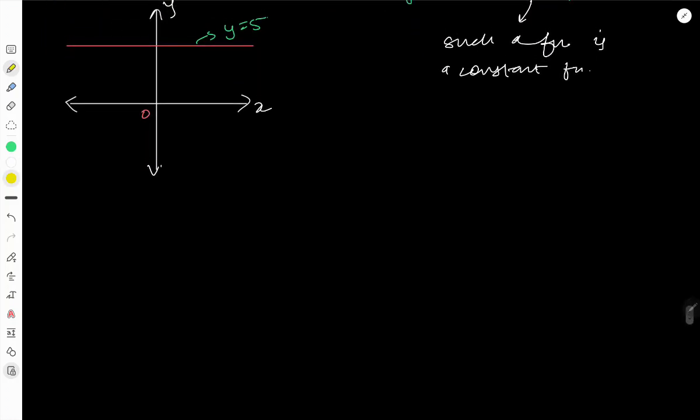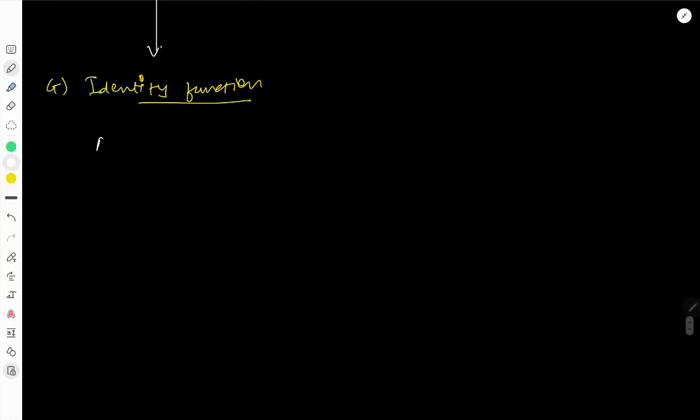And now, what an identity function is. This is something that most people do not know about. So an identity function is a straight line passing through the origin, which is inclined at an angle of 45 degrees. An identity function relates A to A, and the elements of that relation are 1 comma 1, 2 comma 2, 3 comma 3, 4 comma 4.